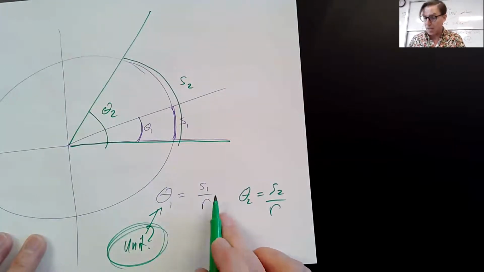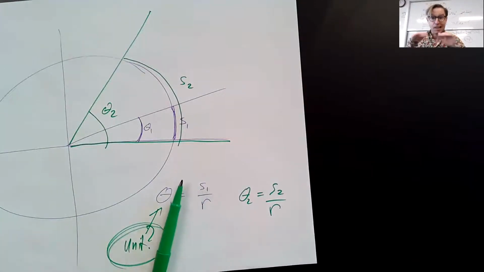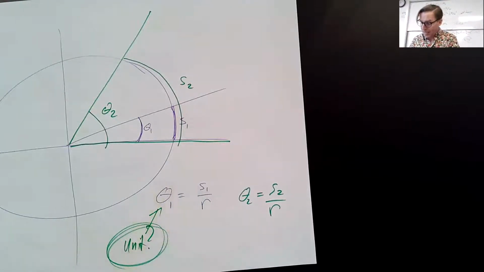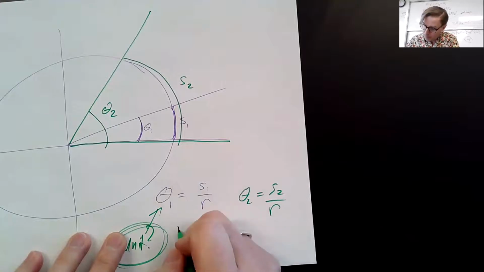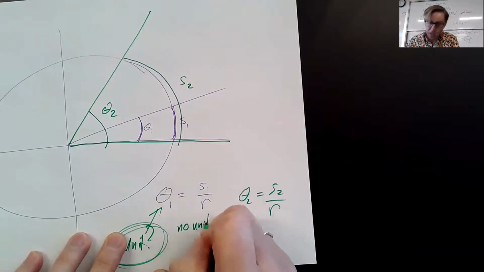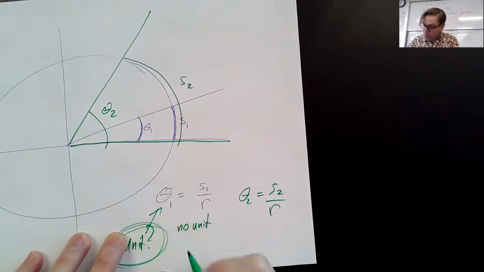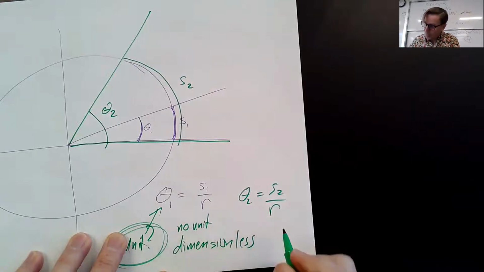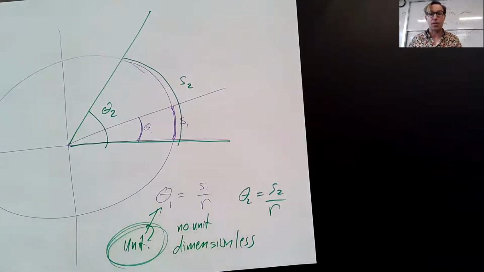So the unit is meters over meters. Meters over meters is no unit at all, because the unit at the top and the unit at the bottom cancel out. We call that dimensionless, D-I-M-E-N-S-I-O-N-L-E-S-S. It is without dimension or without unit.